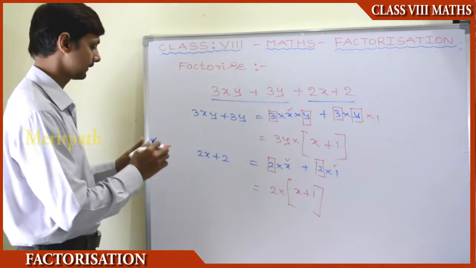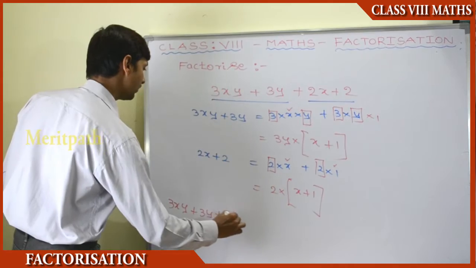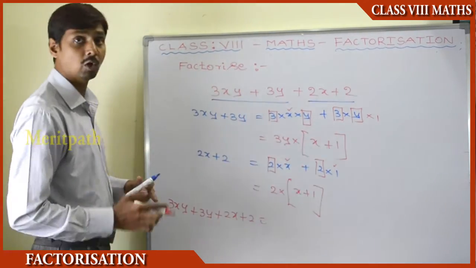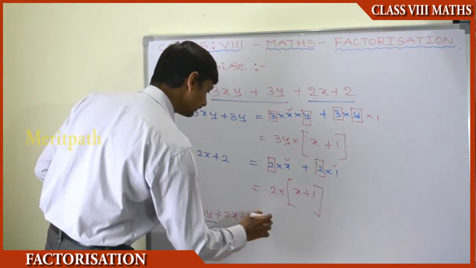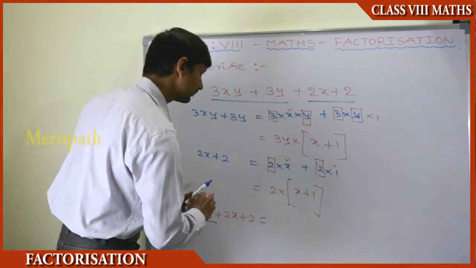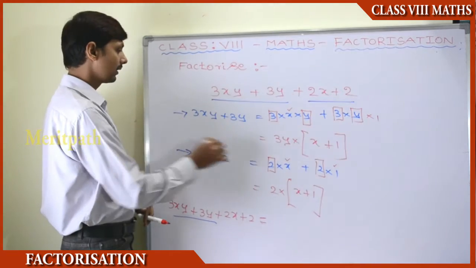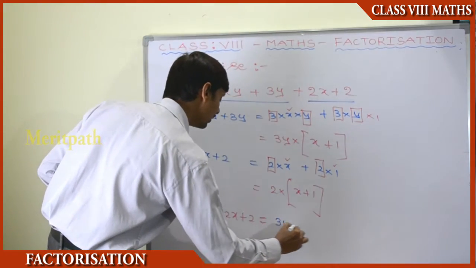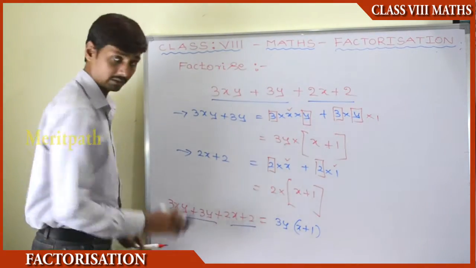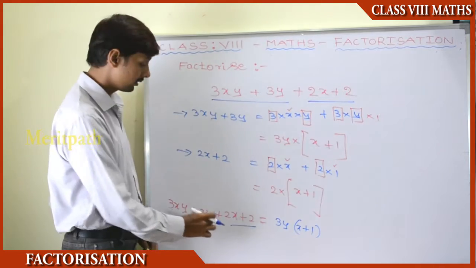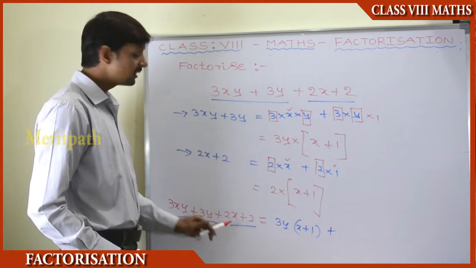Then what we get is 3xy plus 3y plus 2x plus 2 is equal to: for the first two terms, the factors are 3y into x plus 1, and then there is a plus symbol between these two parts.